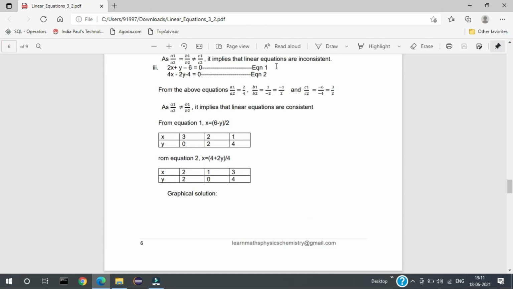From equation 1, 2x plus y minus 6 equals 0, so x equals (6 minus y) by 2. From equation 2, 4x minus 2y minus 4 equals 0, so x equals (4 plus 2y) by 4.